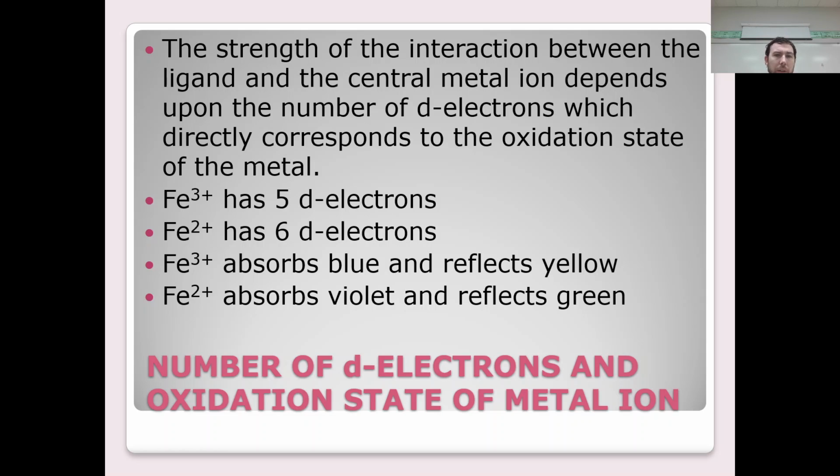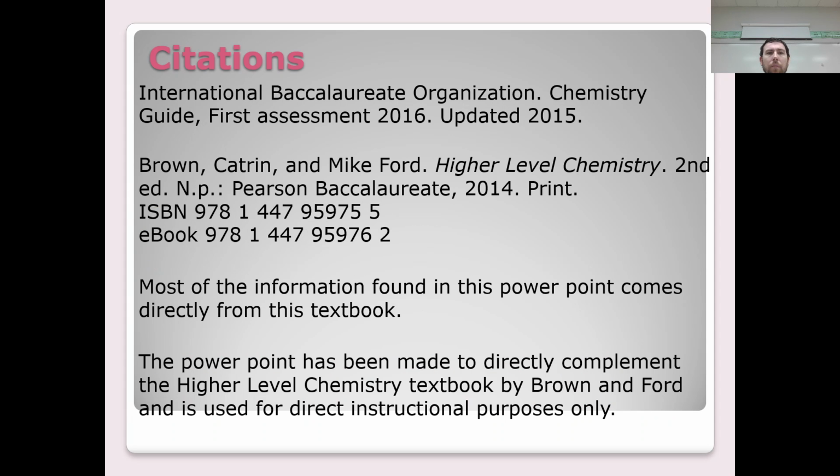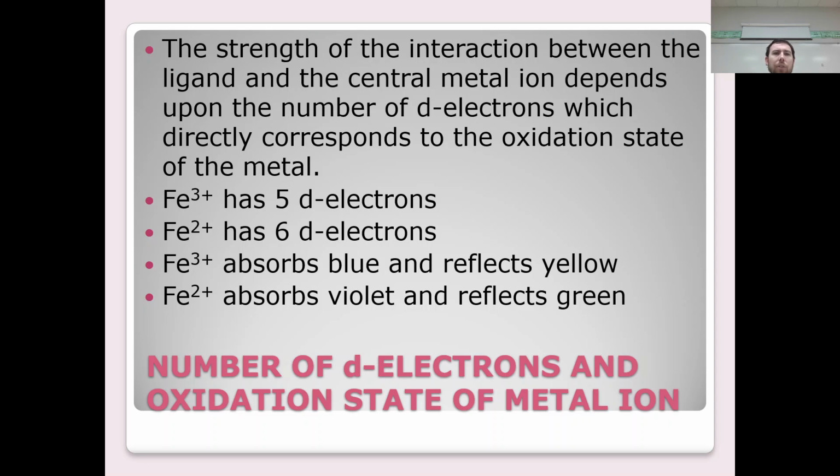Now, Fe2+ absorbs violet light and it reflects green light. Well, we can see there that the Fe2+ is absorbing light that's at a higher energy. And that has to do with the fact that it has more of those d-electrons that are available and interacting, and so that's why it's able to do that.